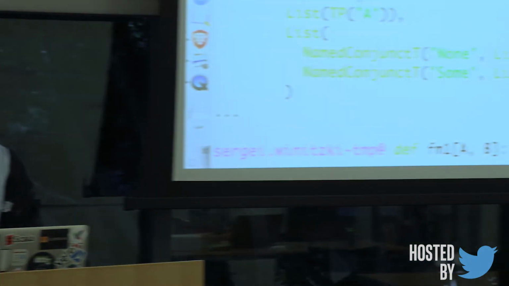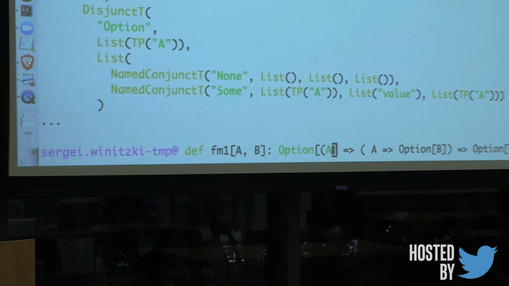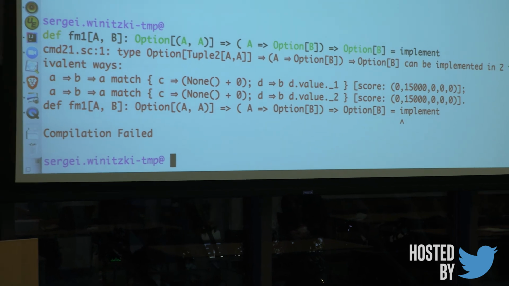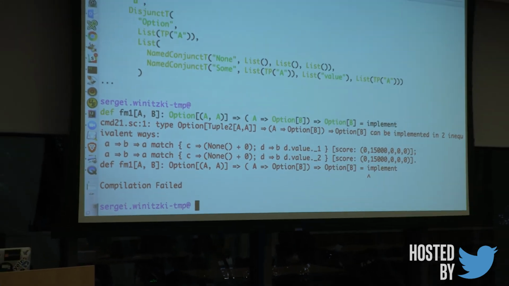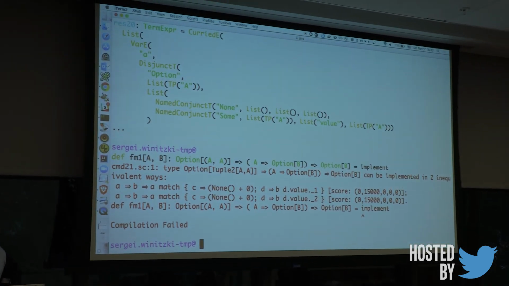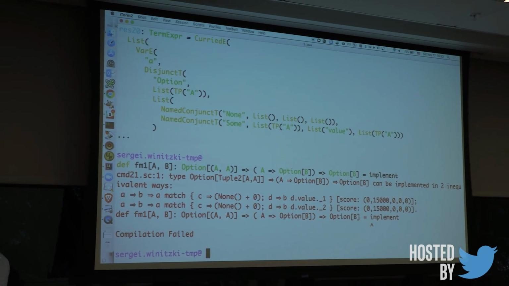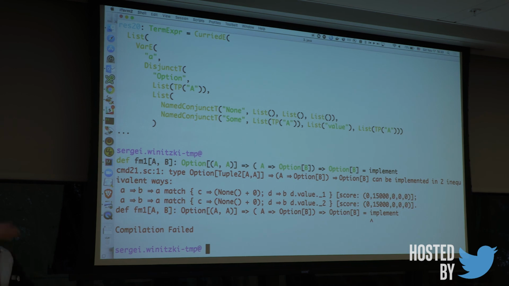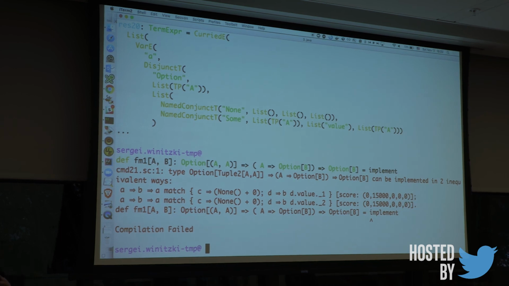If I put some complicated type here, like this, okay, good. It found that it's a problem. But if I make it a C and so on, if I try to make it a complicated type, which is conceptually as simple as this, but it just got more option inside, more tuples inside, and so on. This exponentially blows up the search space.